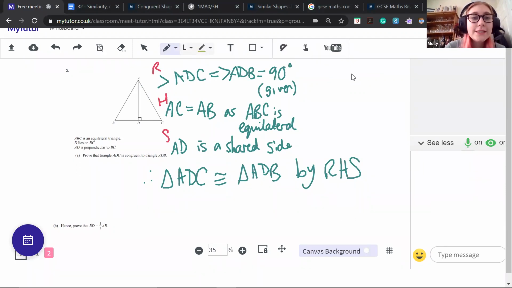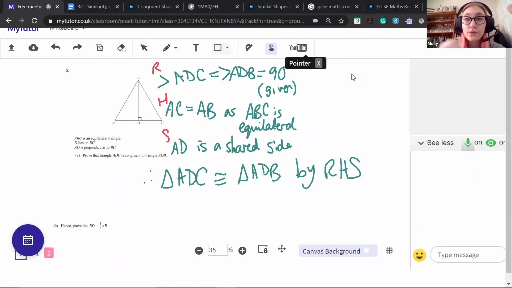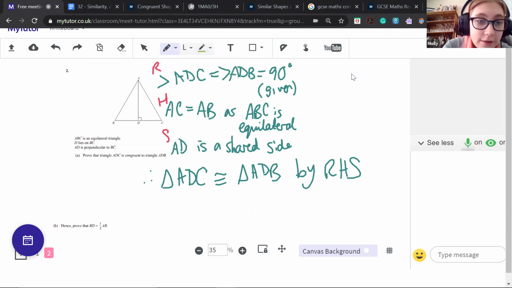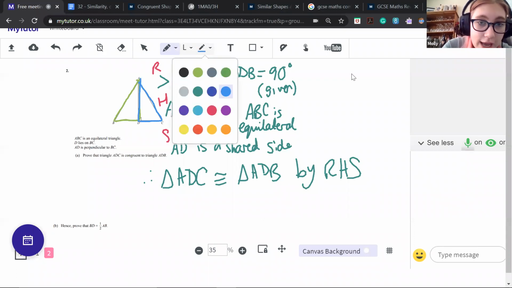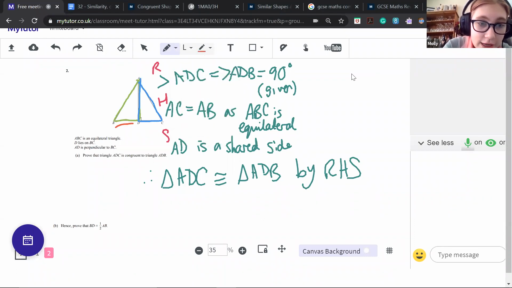So because these are congruent triangles, that now we've proved that they're congruent, we know that all of the angles and the sides are the same. And if I draw out these triangles again on here, we've proved that they're congruent. So now we can say that these two bits here are equal.